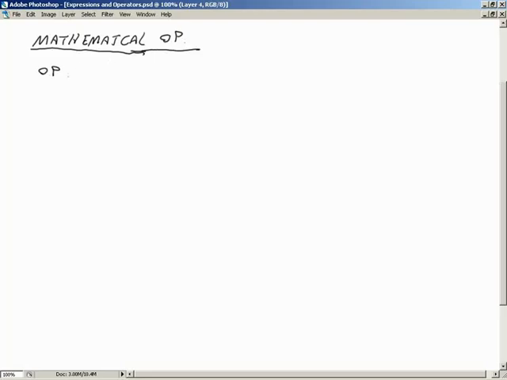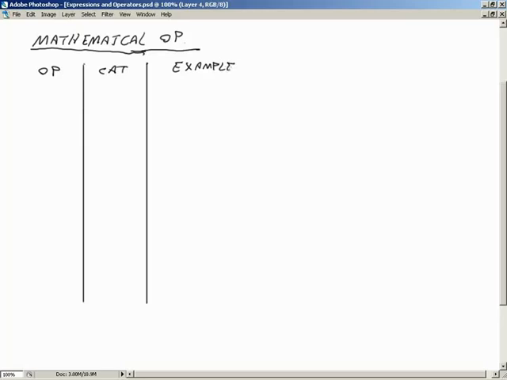And I'm going to get real fancy on you here. I'm going to make some straight lines. How about that for being straight? And then I'm going to take a look at the category, because some of these will indeed change. And then let's take a look at an example. And then I'm going to leave the space over to the side wide open, because we're going to need a lot of room for notes.